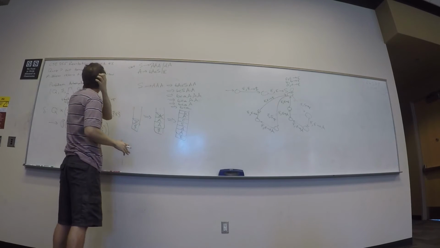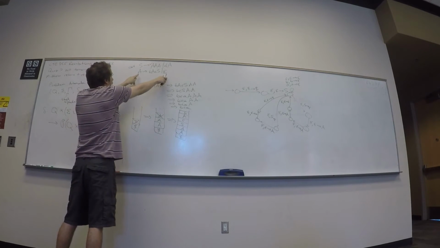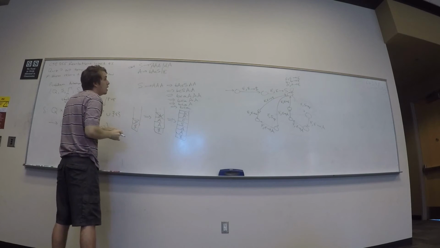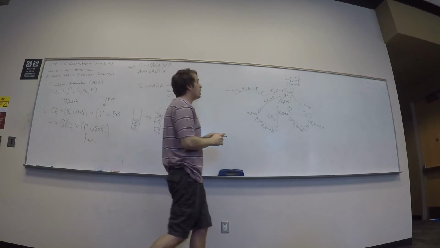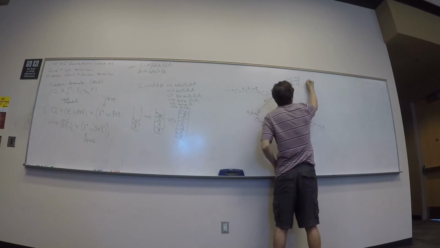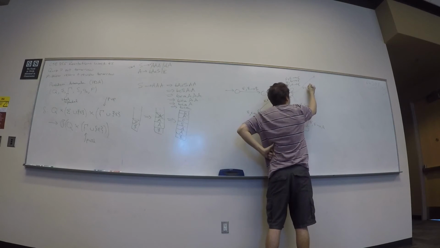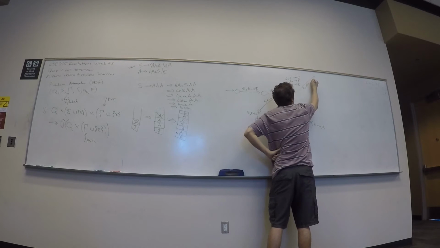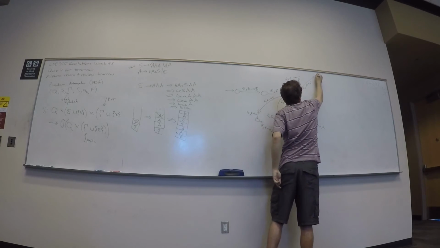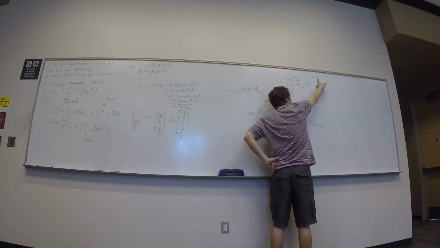What about this guy? Well, let's do the A to epsilon first because that's easier. I need a state that I go to where I read nothing again, pop an A, and push nothing. But what is this state going to do?